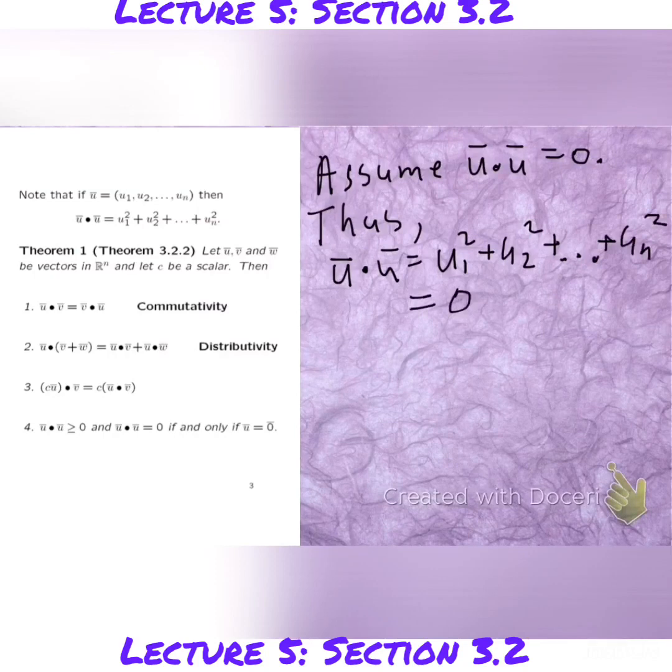Now u1, u2 up until un, these are all real numbers, and if you square them and sum them together, the only way that the sum of nonnegative real numbers is zero is if each one of the terms is zero. So the only way this can happen is if ui is zero for all indices between 1 and n.